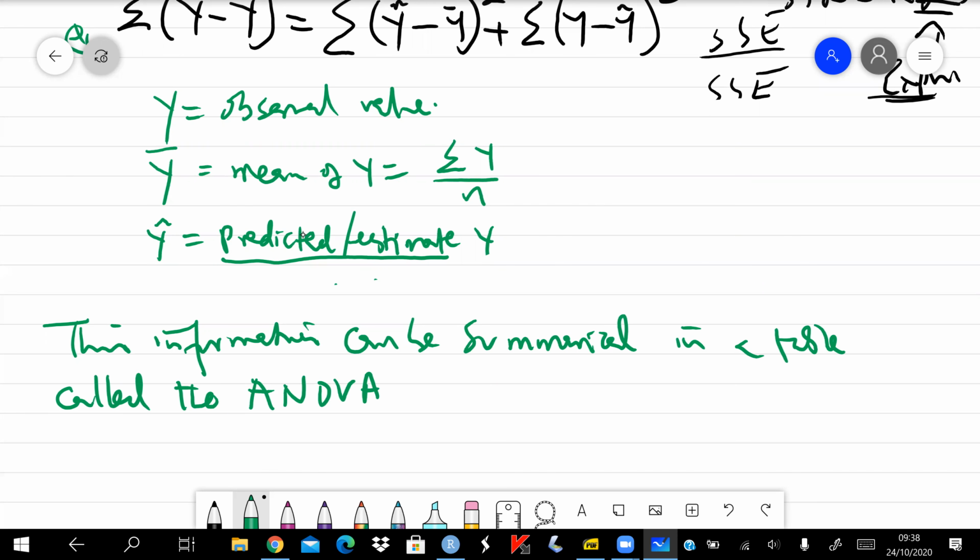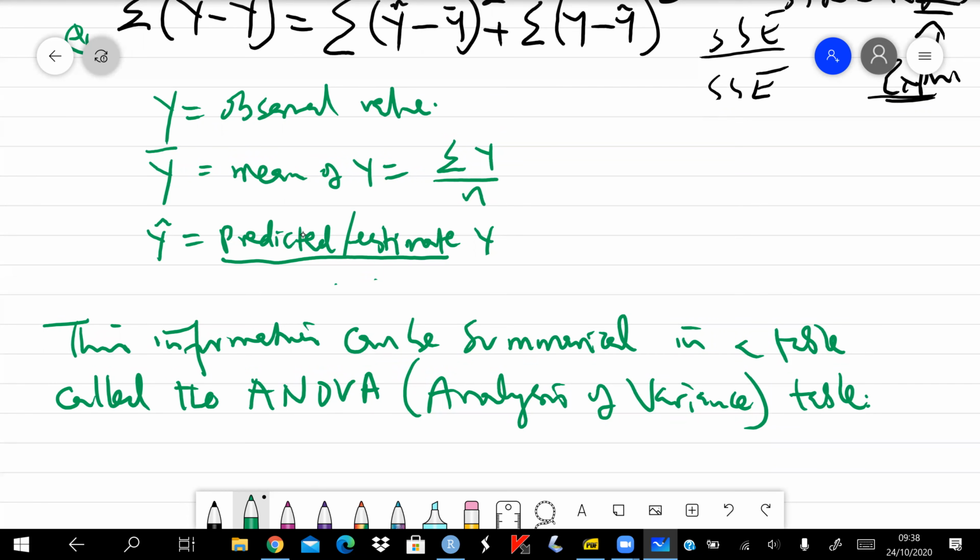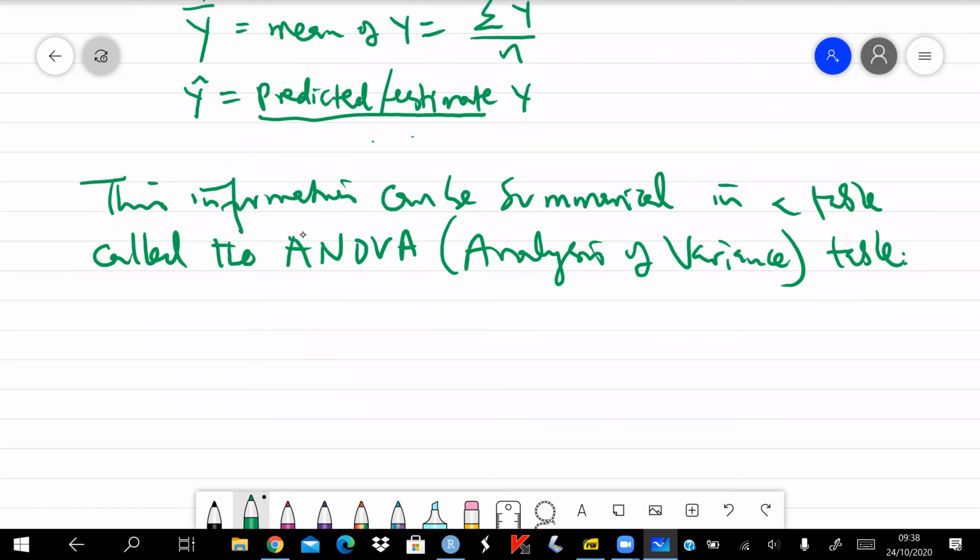ANOVA stands for analysis of variance. This is something that you've seen when you use Excel to analyze data. Usually it provides 3 tables: the first shows some descriptive statistics as well as R squared, then a middle table called the ANOVA table, and the last table shows the regression coefficients.